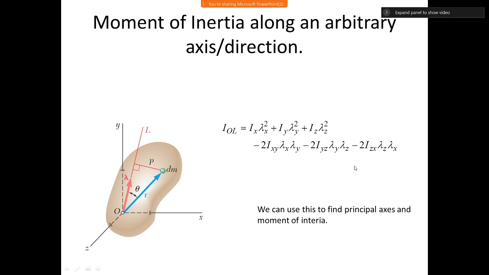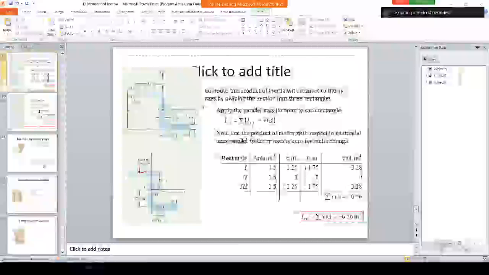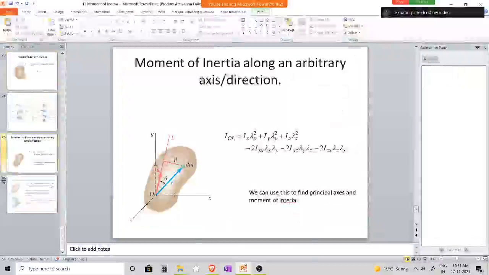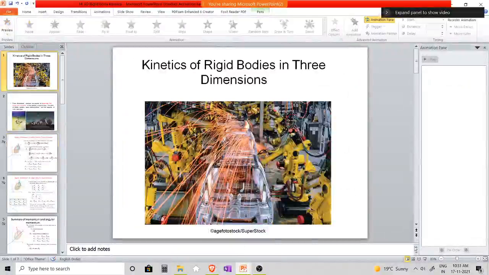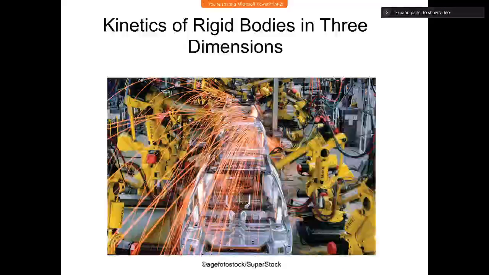Again, I'm not going through the derivations, but this is the expression to get the I about any lambda direction. And we can also use this to find the principal axes and principal moments of inertia in a 3D structure, right?